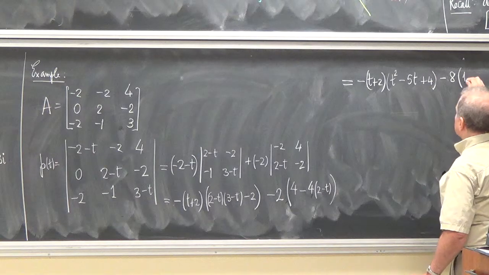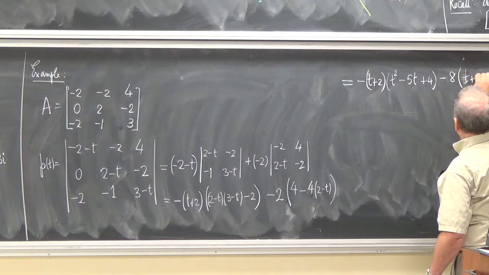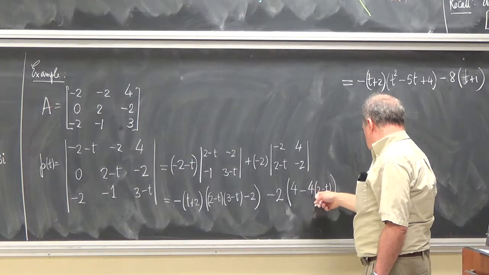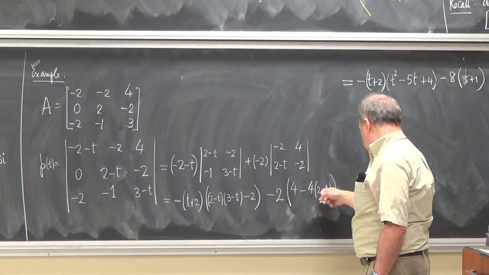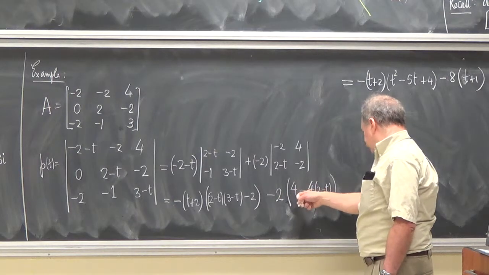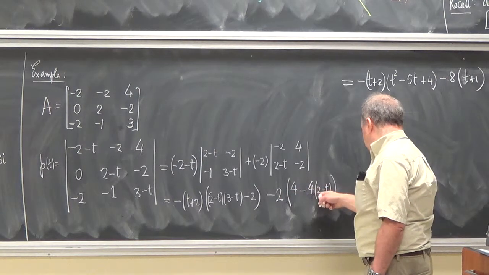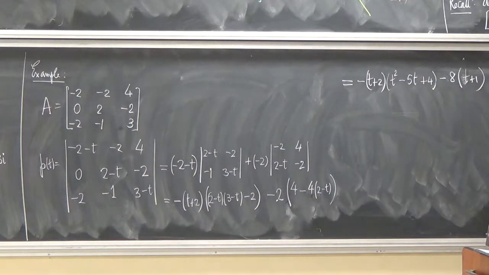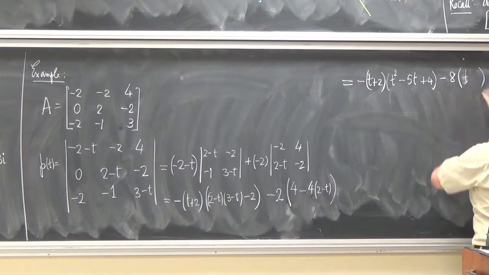Okay, so you're saying t plus 1 here? Let's see if that's right. Do I have negative 8t? I have negative 8t, and then 4 minus 8 is negative 4 times negative 2 is plus 8. Wait, why did you say t minus 1? Yeah, it's t minus 1. My bad. That gives the output.